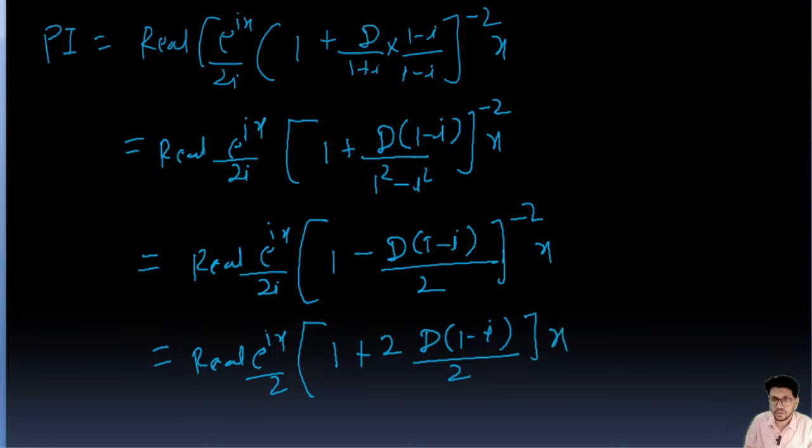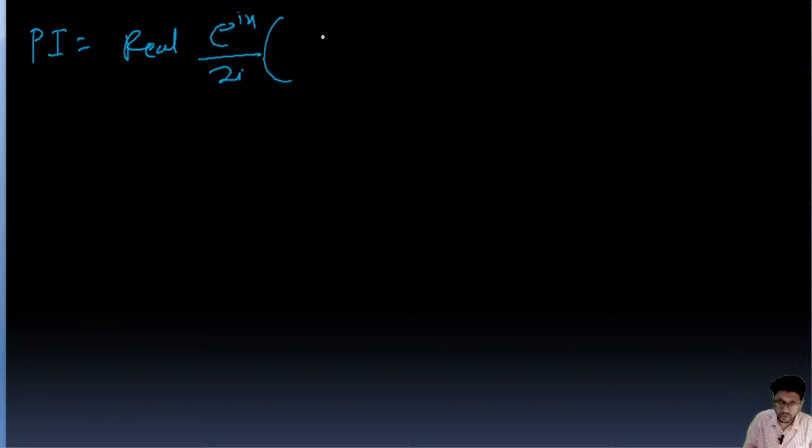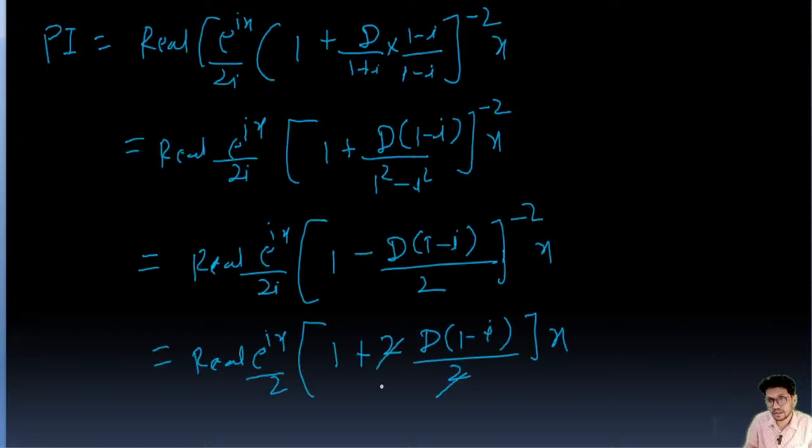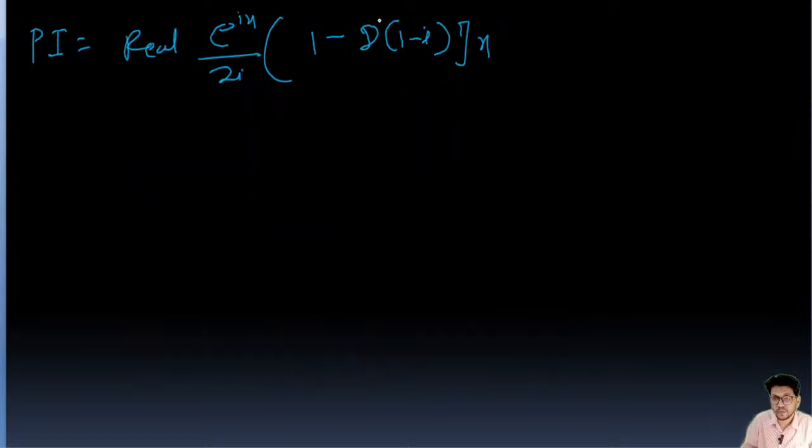Okay, so now y is going to be the real part of e to the power iota x by 2I, and this is going to be 1 minus d into 1 minus iota x, right? Because 2 will get cancelled. Okay, and there is plus 1 plus.